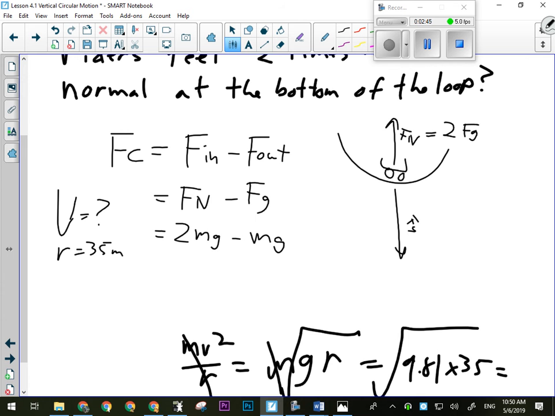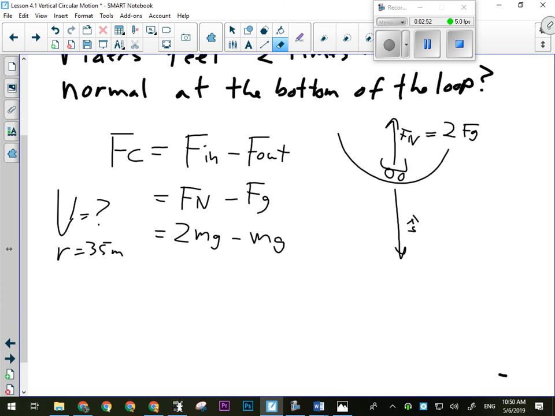So we've got mv squared over r equals 2mg minus mg, which we said is just going to be mg. Now I'm manipulating for v, so I multiply both sides by r, and then divide both sides by m, which makes it cancel, and I'm back to the square root of gr. Man, that happens a lot.